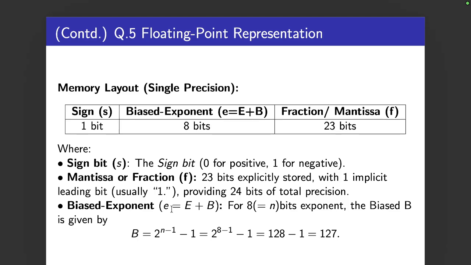The biased exponent E equals e plus b. With n exponent bits, here 8, the bias b equals 2 to the power n minus 1, minus 1. With n equal to 8, the bias b is 127.